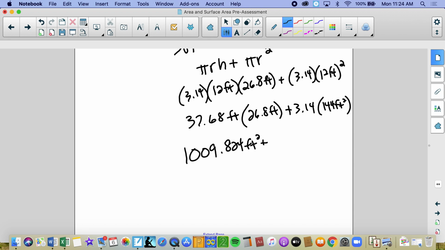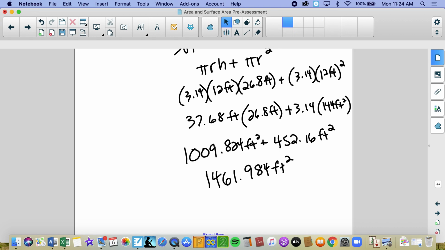And 3.14 times 144 gives me 452.16 feet squared. Add those together, you get 1,461.984 feet squared.